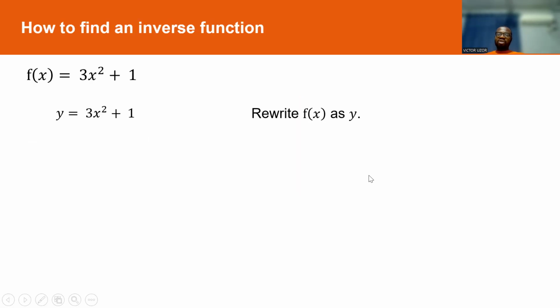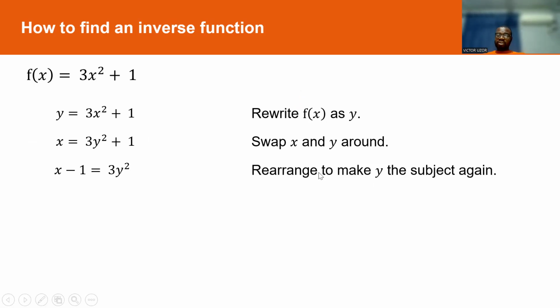Now let's look at how we are able to get the inverse of a function. First, rewrite f of x as y, then swap x with y, then rearrange and make y the subject of formula, and that is it.